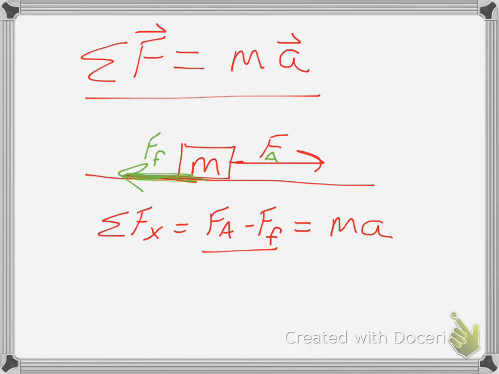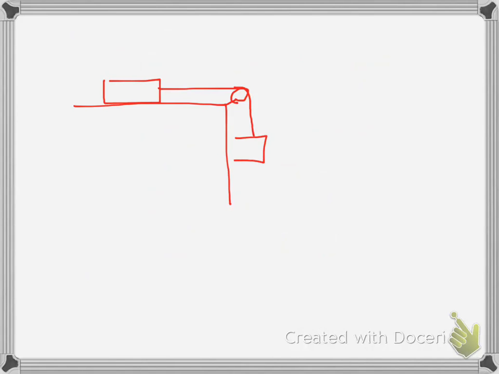So we have the system of particles, or objects, and so you could end up having, for instance, a simple system like this, where you have a rope that goes over a pulley, and then you have a mass here and a mass here, and so here we have a system of objects or particles, and then we are charged with figuring out the acceleration on this system or something.